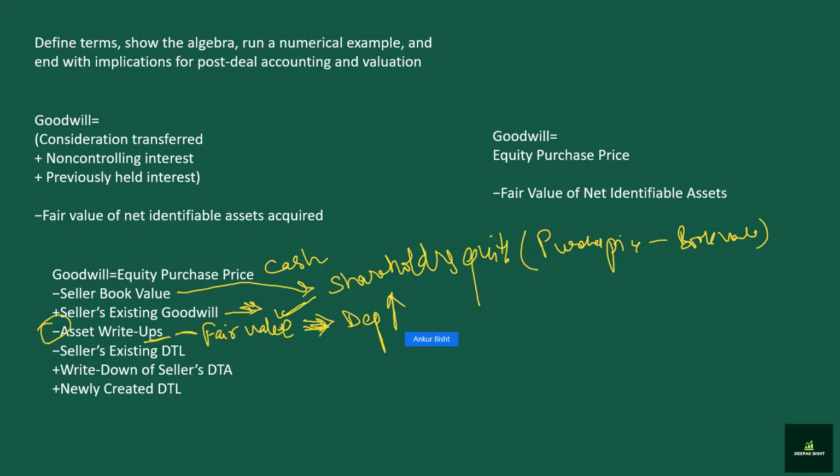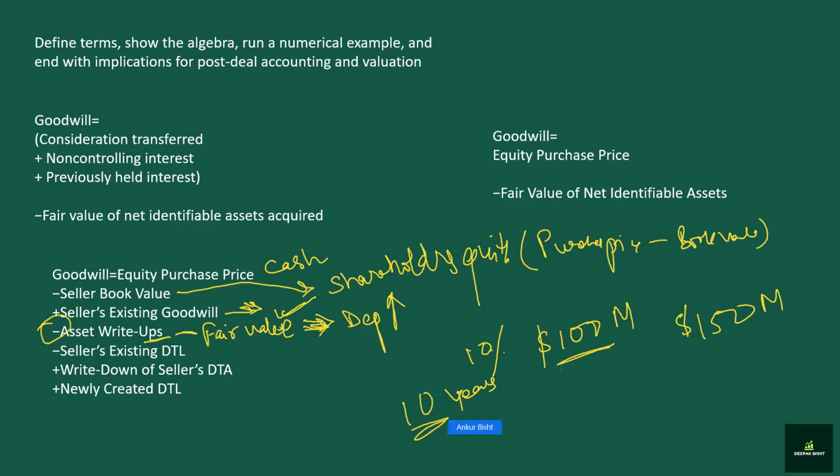And why? In this concept we haven't talked about, understand this thing. If the value of a building today is 100 million and I am doing an asset write-up, saying that the building's worth is now 150 million, then previously we were at a 10% rate and a life of 10 years.